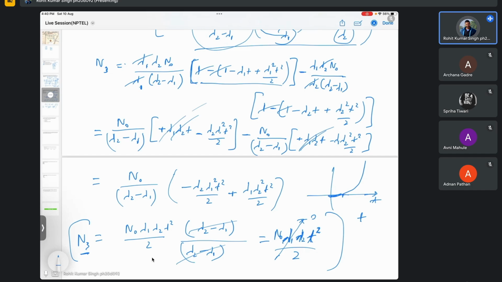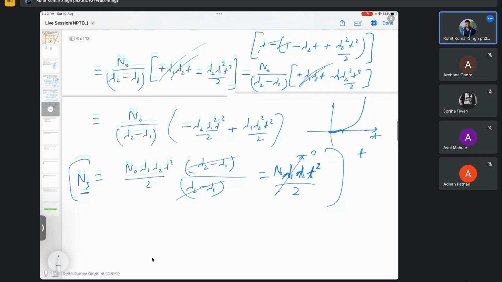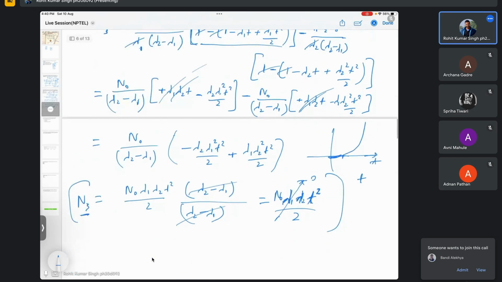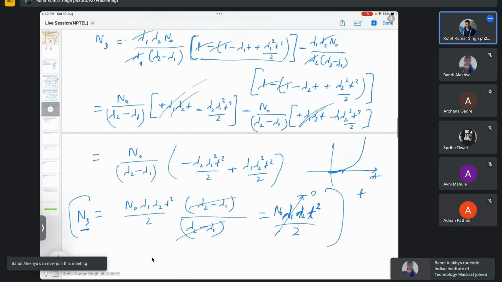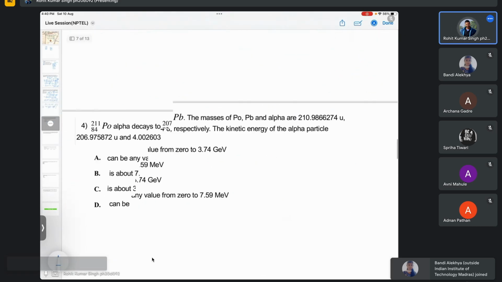It will never be a linear dependence like we had in the last case. Good, sir. Yeah, that is interesting to see. Okay, so does anyone have any other question? If not, let's move to the next problem.